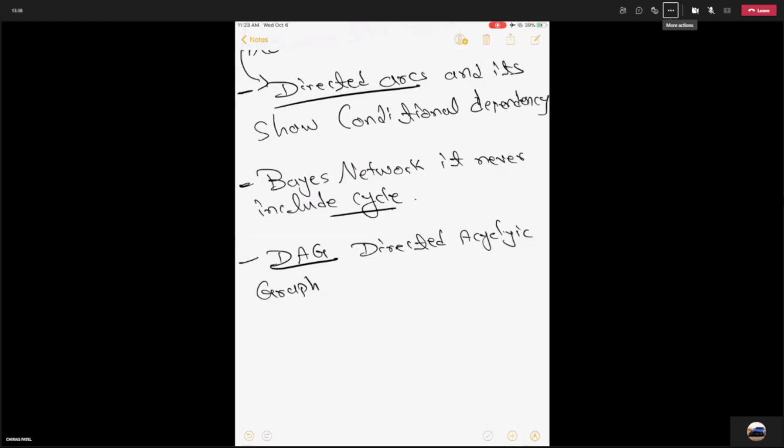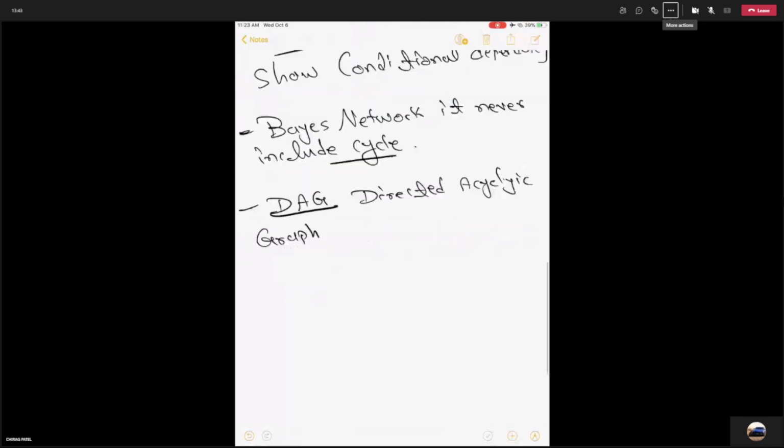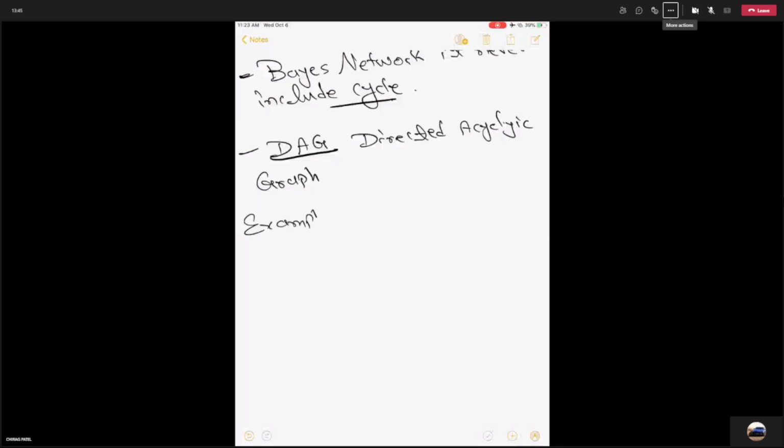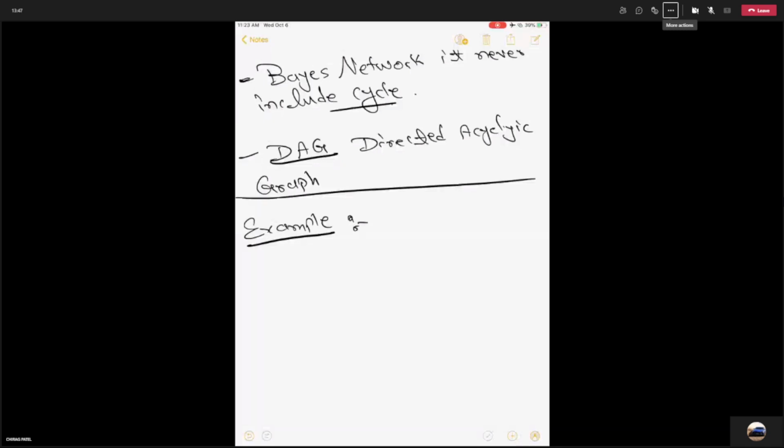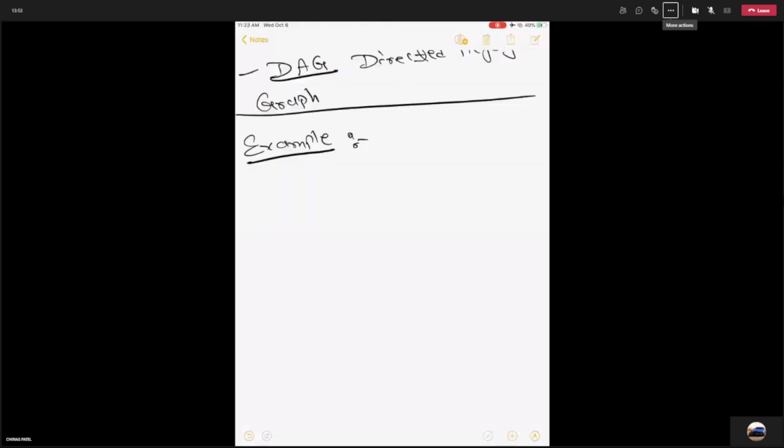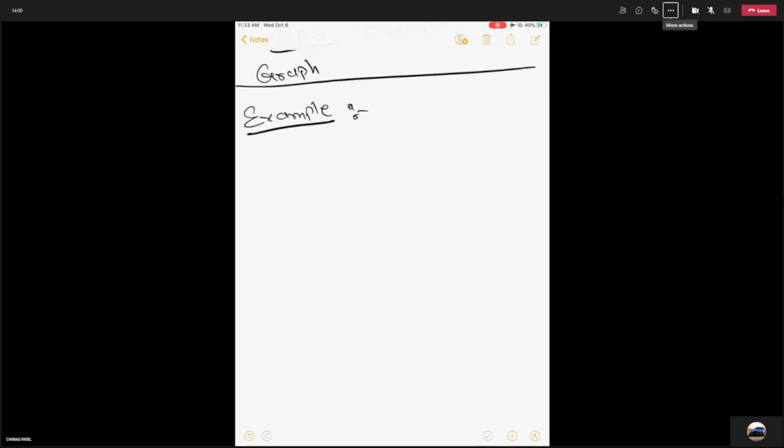So now we take an example. How are we formulating it? How exactly can we draw it? Okay, if we take an example, some students are coming late to the class. We need to find out the reason behind it.